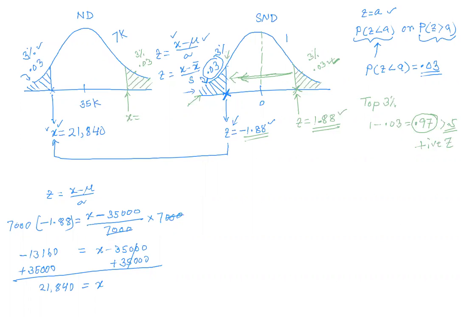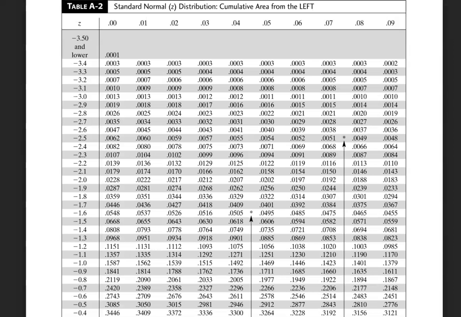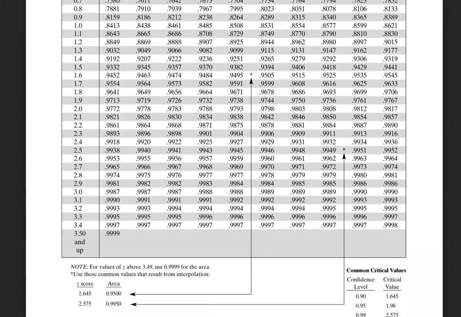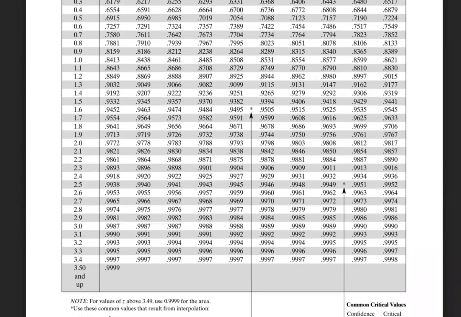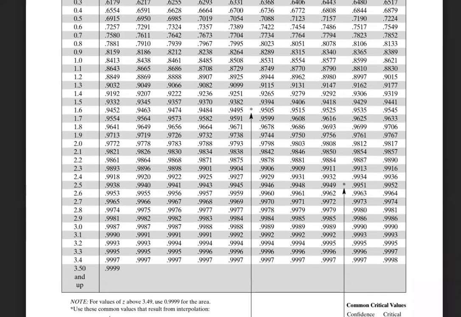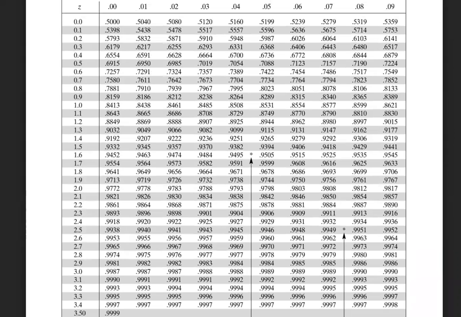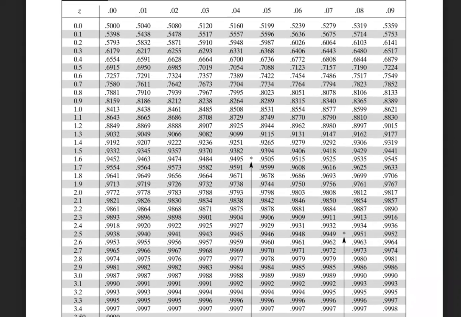All right. Now let's bring the table back. I'm going to erase everything here for a second. So we are going to look at the positive z-score and 0.97. What is the closest value we can get to 0.97? 0.9699.